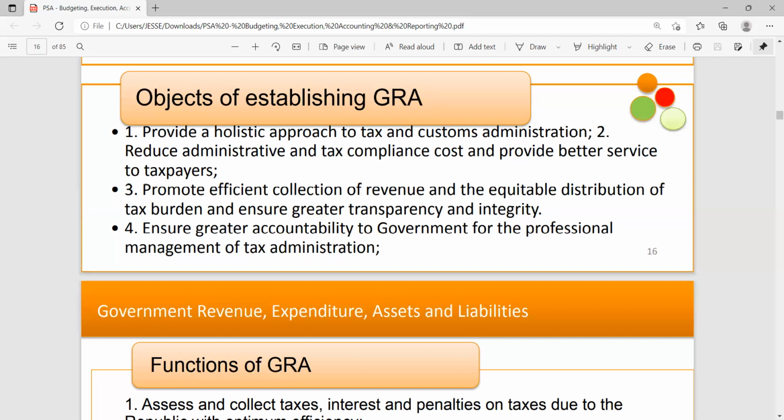So another objective is to ensure accountability, all right? The GRA, as we said, is the merging of the IRS, the VAT service, as well as SEPS, which is the Customs Excise and Preventive Services, into one institution that will be responsible for managing and collecting tax revenues, and this helps to ensure greater accountability.